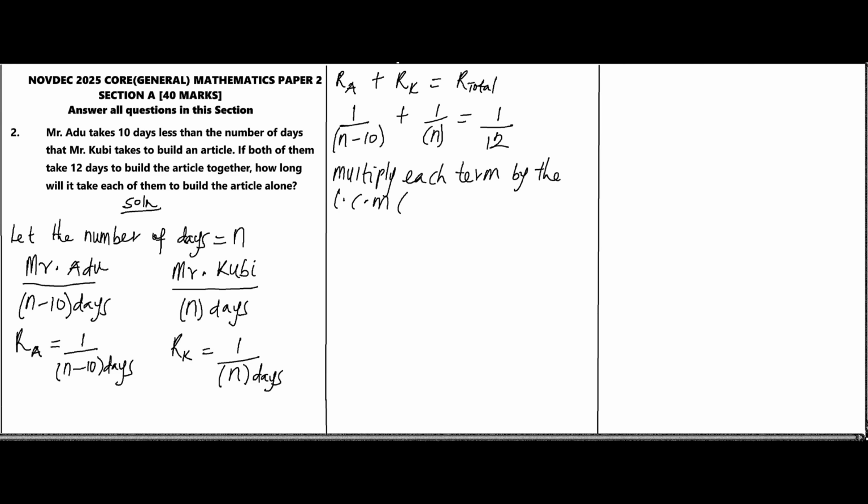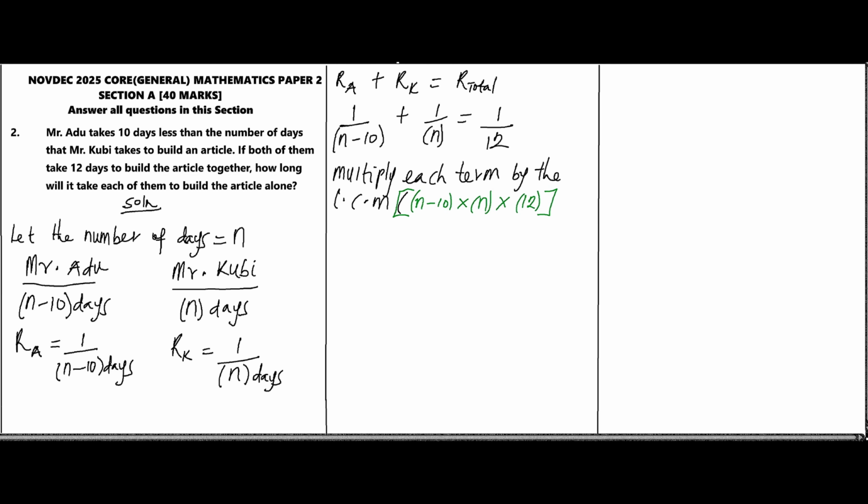The LCM will be n minus 10, multiplied by n, multiplied by 12. That is the LCM. So you are going to multiply each term by the LCM. So let's begin.